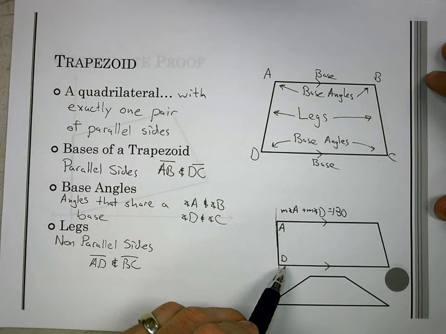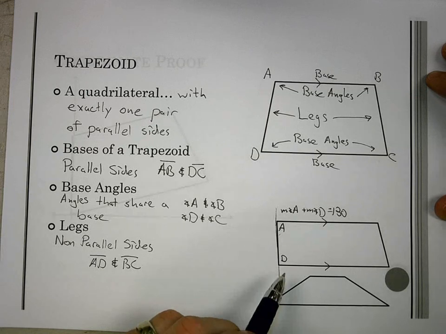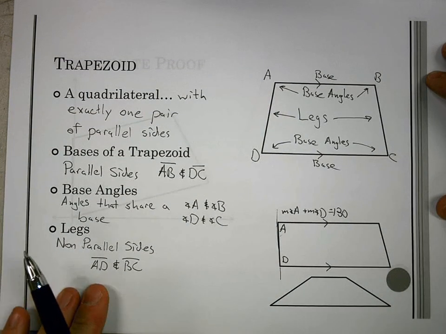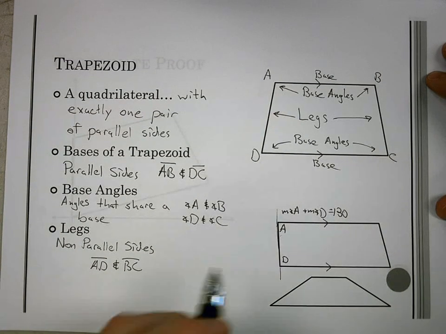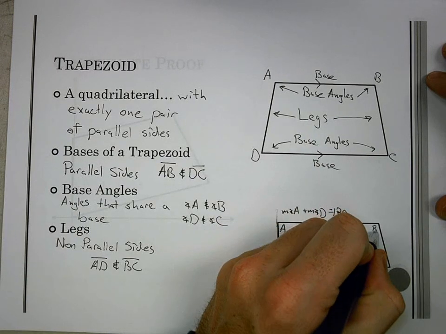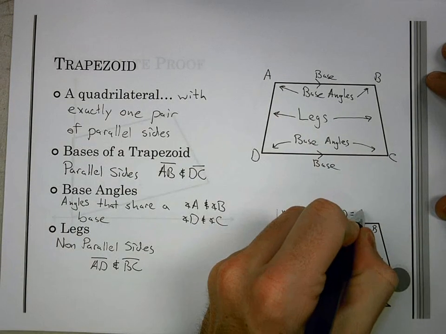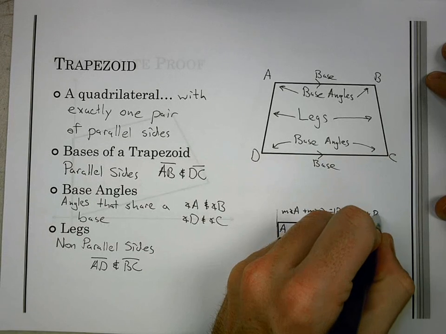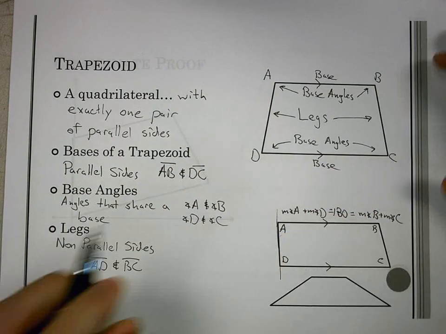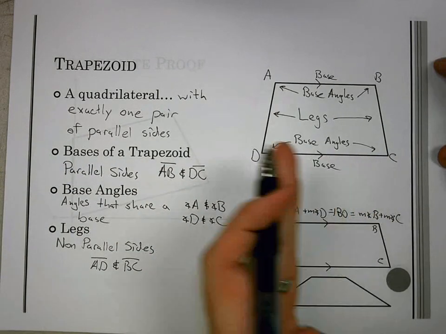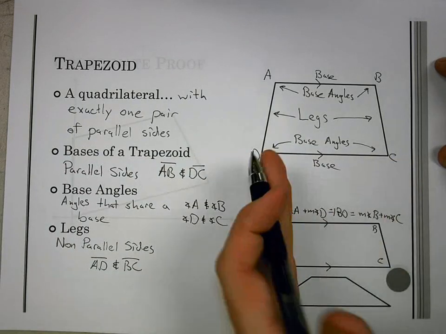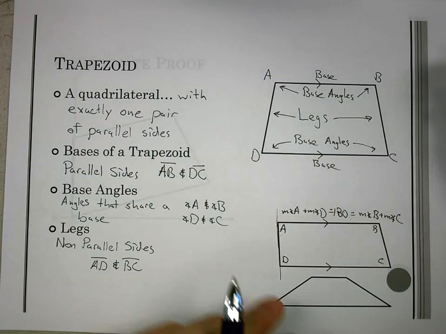Those are going to be supplementary angles. If we think back to our parallel lines, those are really consecutive interior angles, which turned out to be supplementary. Furthermore, we have B and C here, and we know that the measure of angle B plus the measure of angle C will also be 180 degrees. So we can separate them and have supplementary angles on either side of the trapezoid.